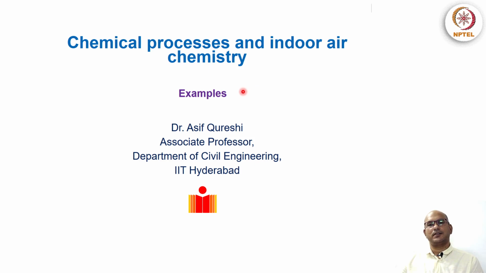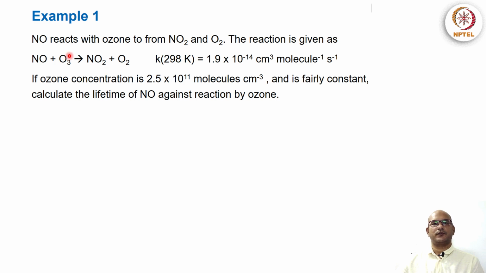Hello, so in this lecture we will do a couple of examples related to basic chemistry or rate kinetics. The first one is as follows. NO reacts with ozone to form NO2 and O2, and the rate coefficient for the reaction at 298 Kelvin is 1.9 10 to the power minus 14 centimeter cube per molecule per second.